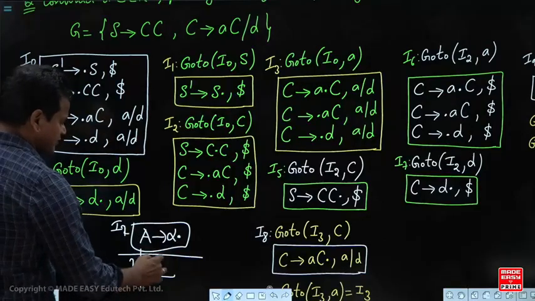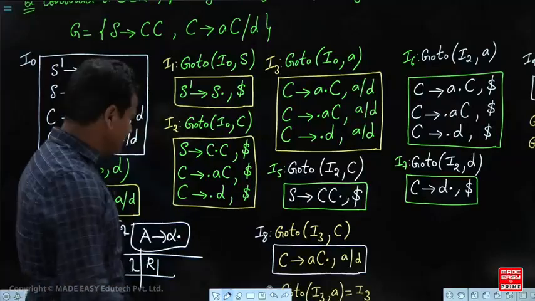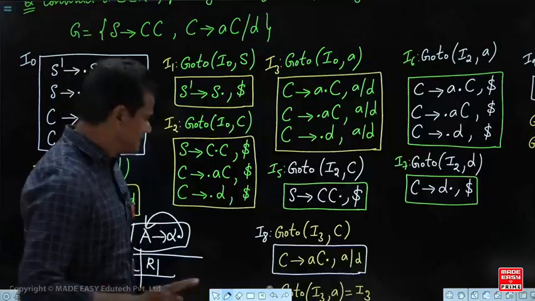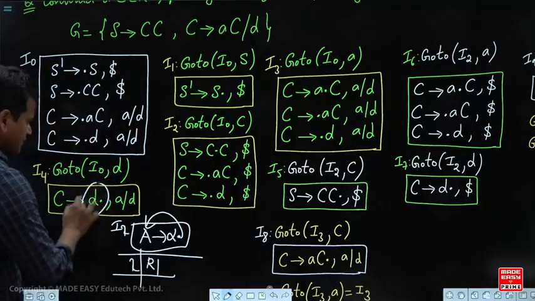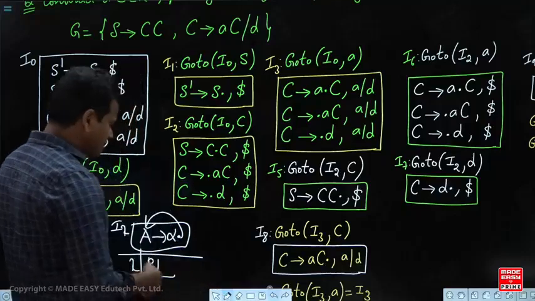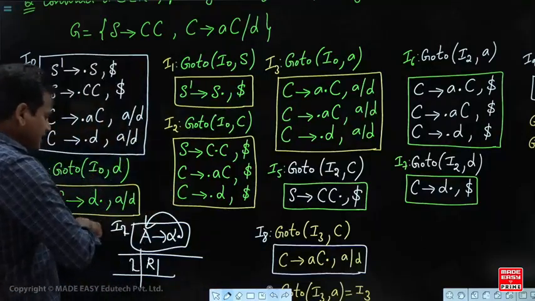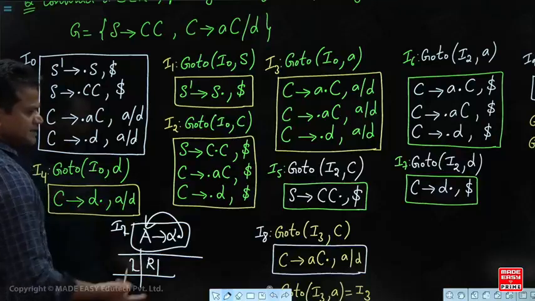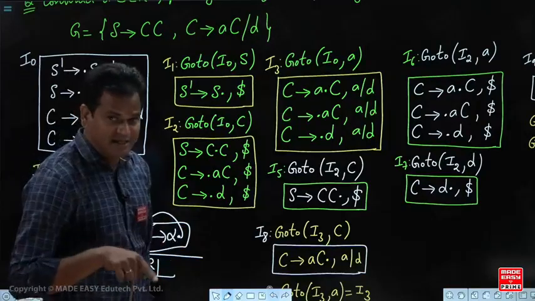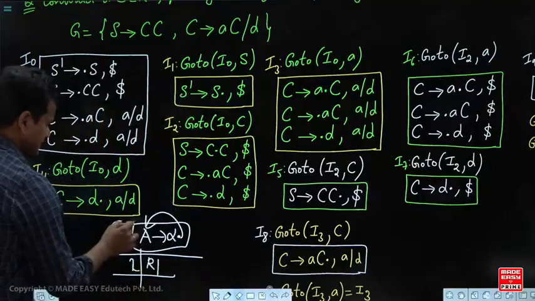If its production number is 1, we wrote R1 in follow of A. Here also, for all productions in which the dot has reached the end, we write the reduce. But filling the table in CLR(1) is easier than in SLR(1), we will see later how.